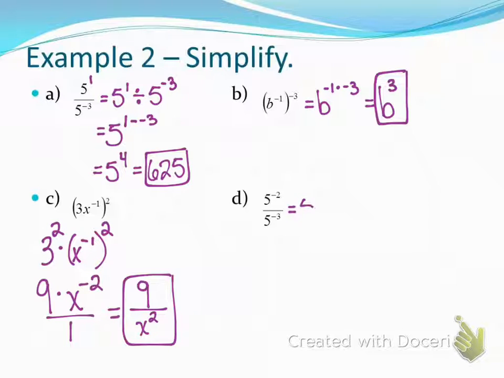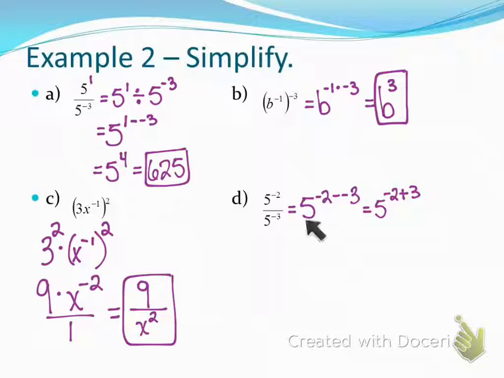If we're dividing the same base, what are we doing with those exponents? Subtracting. If we divide the same base, we subtract the exponents. So negative 2 minus negative 3. Subtracting a negative means we are actually adding. So if you want, you could think about this as negative 2 plus 3.